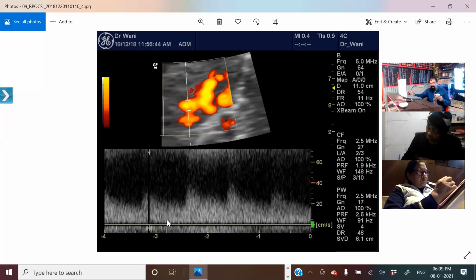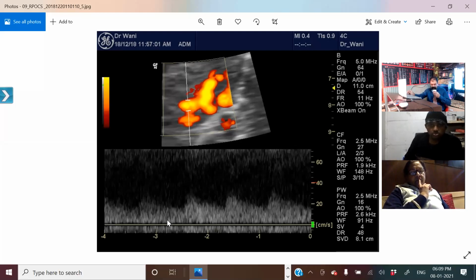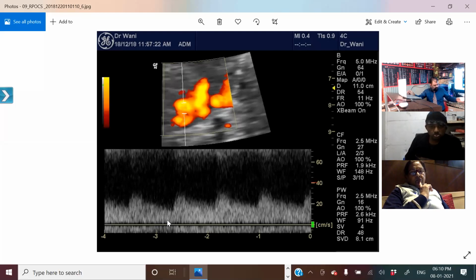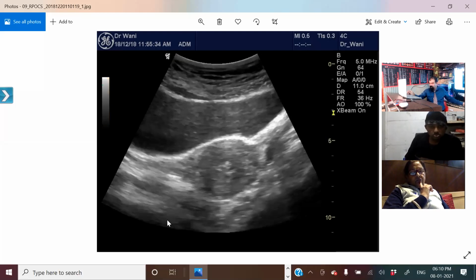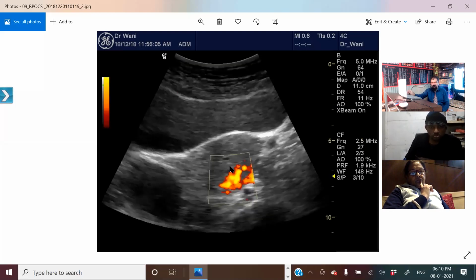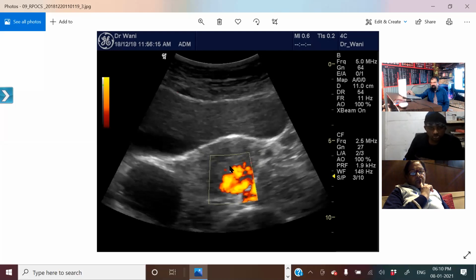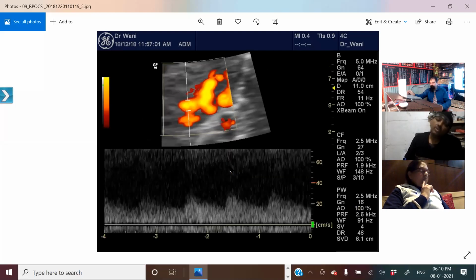Again repeating, if you are not understanding this point, you will understand low resistance and high diastolic flow when you take the color Doppler course with us. Okay, now this is the hyperechoic lesion, with mixed echo texture, which is showing me flow, I mean color, on putting the color Doppler.